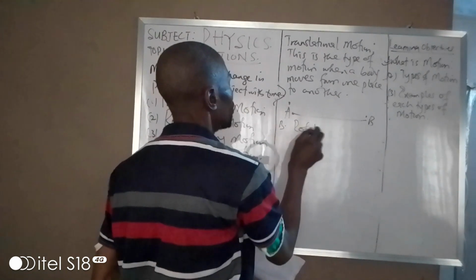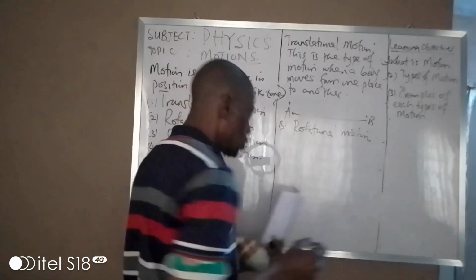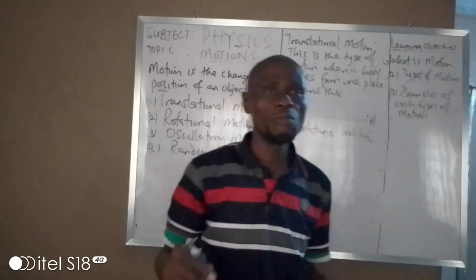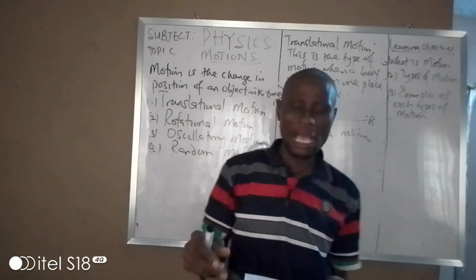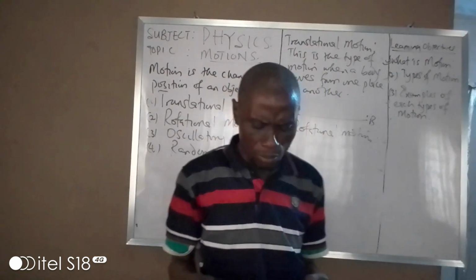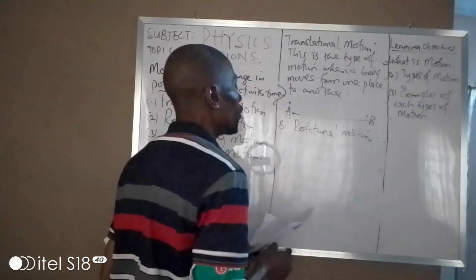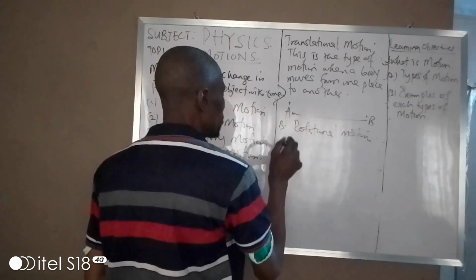Okay, so now let us look at the second type, which we call rotational motion. This is the type of motion whereby an object or a body moves about its own axis. So when a body turns about a fixed point, we call it rotational.